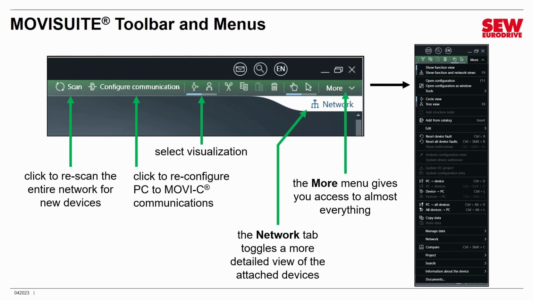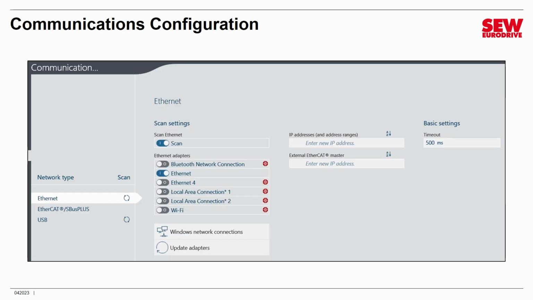It's pretty simple. Let me just summarize how you set up communications, since as you already know, there are many ways to communicate with different MOVI devices. All right, when you click the communications button, you'll get a screen like this, and one of the first things you can see is there are a lot of different ways to connect. So you've got to pick the one you want.